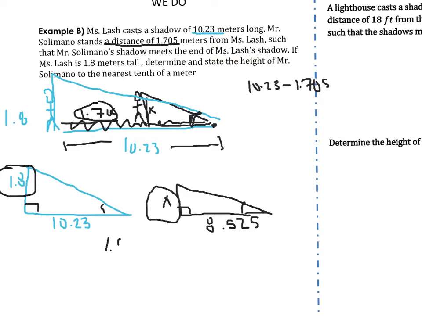So 1.8 over x equals. Now I put Miss Lash's height on the top, so I'm going to put her shadow on the top on the other side. So shadow's on the other side, 10.23 divided by, then Mr. Salamano's shadow is 8.525.